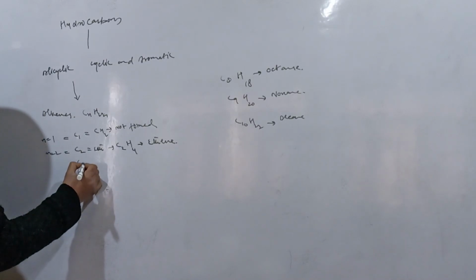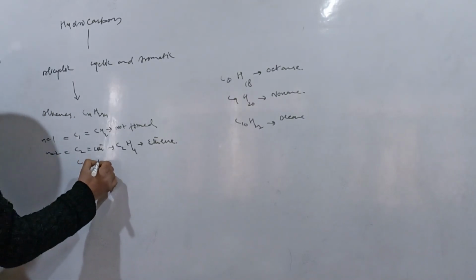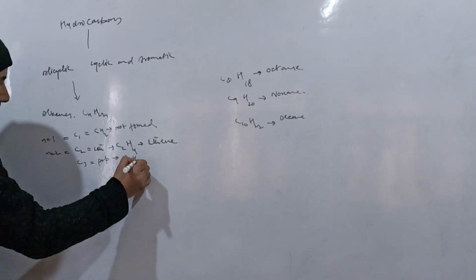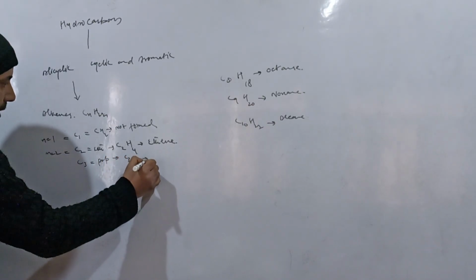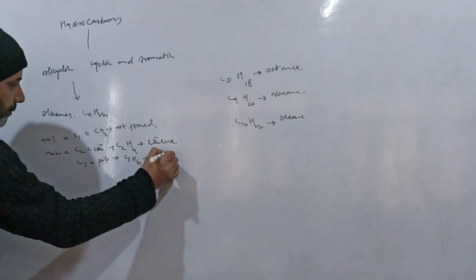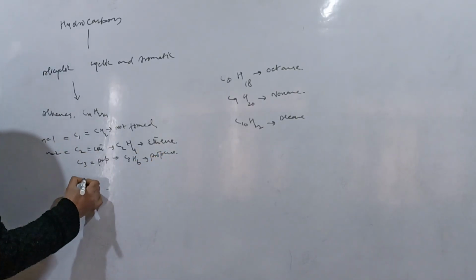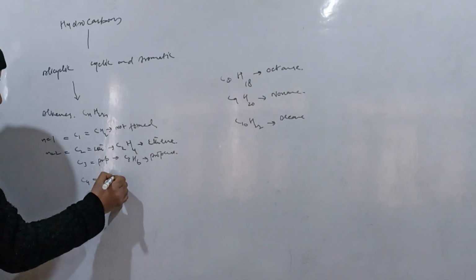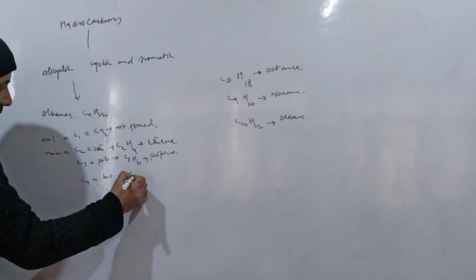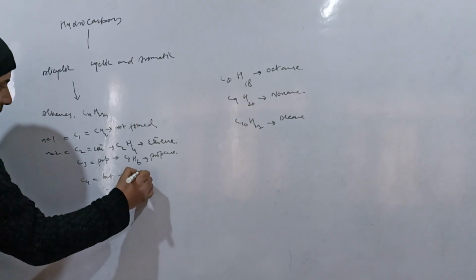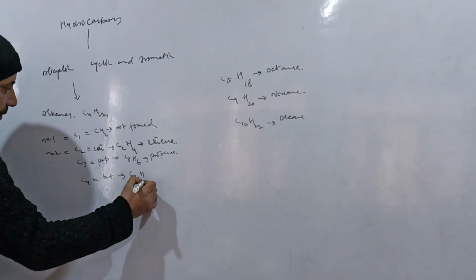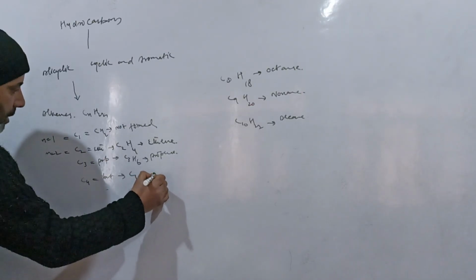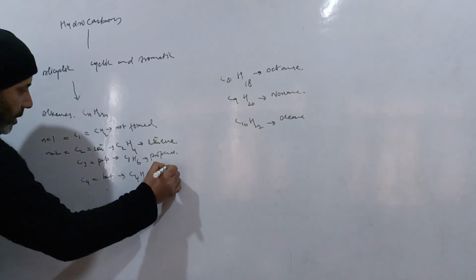Similarly, C3 will become prop, C3H6, propene. In the same manner, C4 will become but, C4H8, and that will be butene.